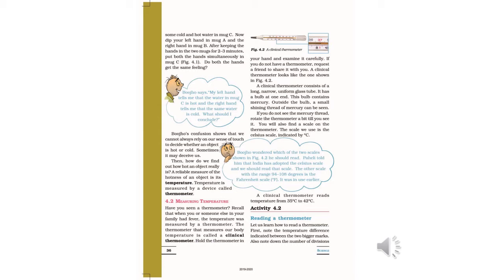All this is very clearly mentioned, and the normal temperature of a human body is 37 degrees Celsius. It is given with a reading on the thermometer. If the reading is more than 37, the person has a fever.